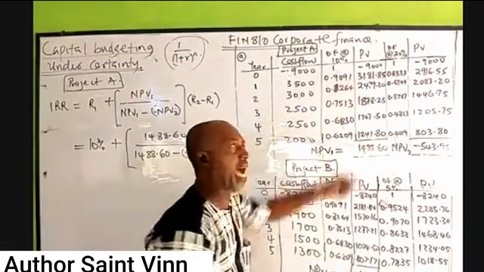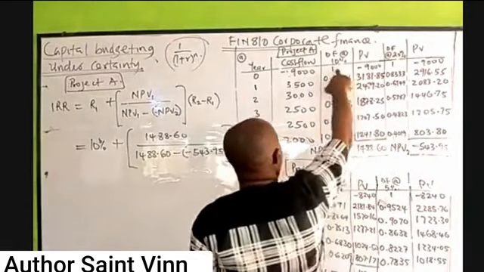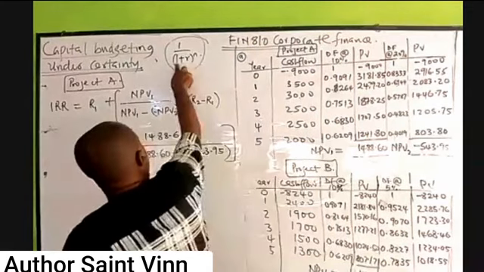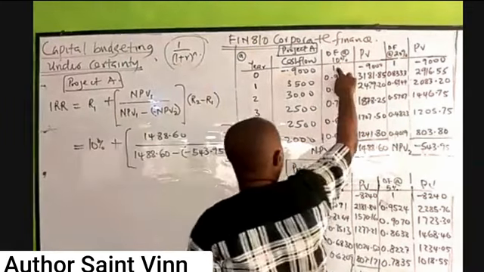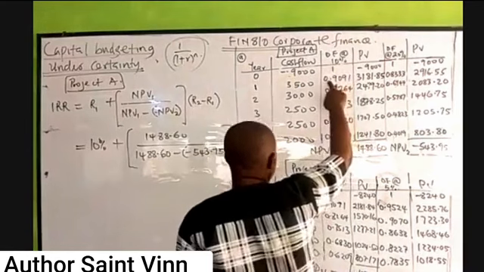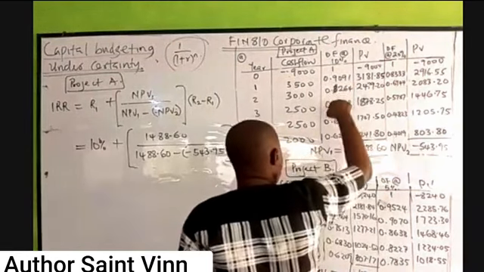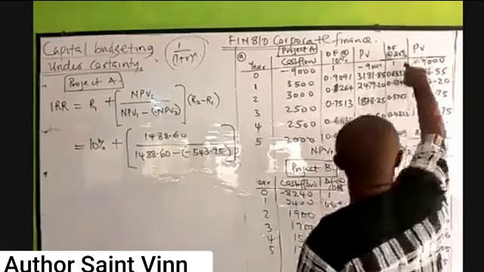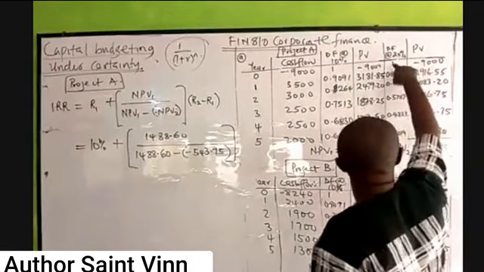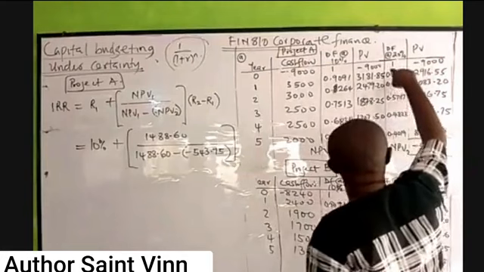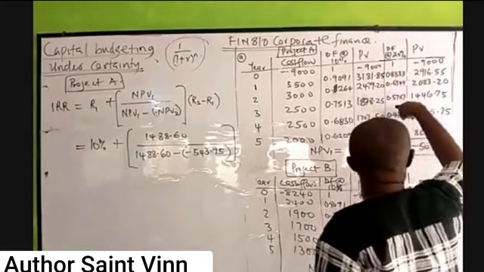Having known the first one as 1, you just divide by 1.1. Divide this 1 by 1.1, you get this. Divide this by 1.1, you get this, like that. The same thing happens for 20%: it's 1.2. Divide by 1.2, you get this. Divide by 1.2, like that, and then multiply by the cash flow to get present value.